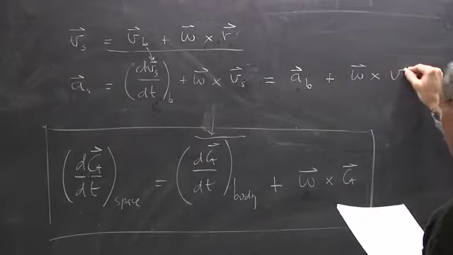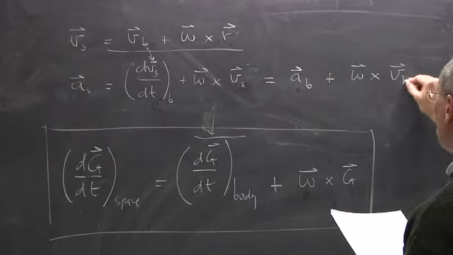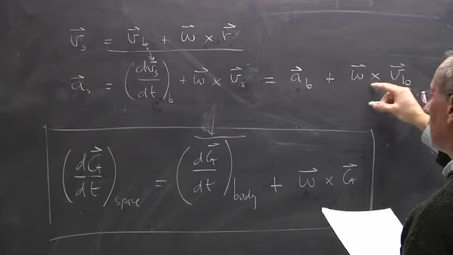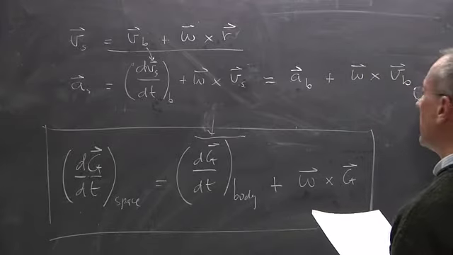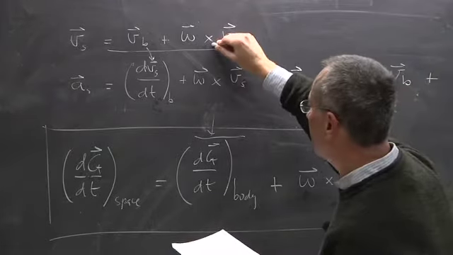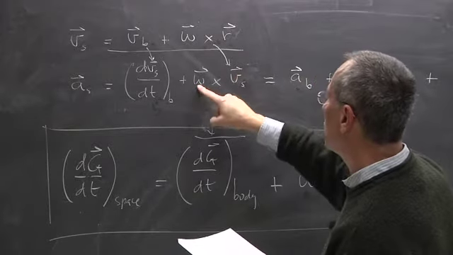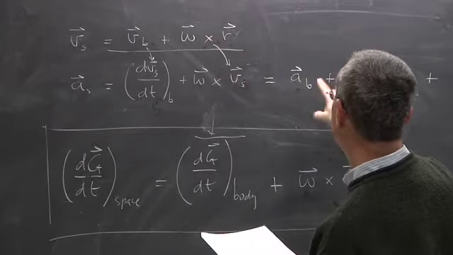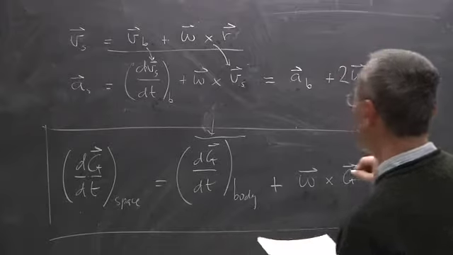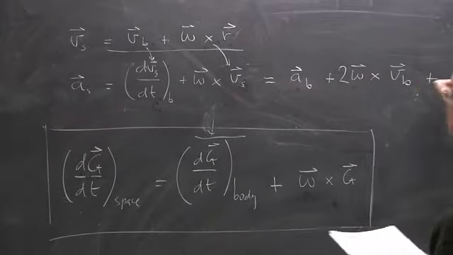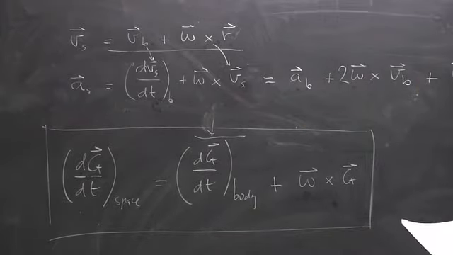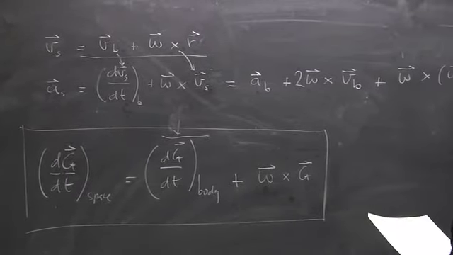So this is V body, okay, the first term. Then you see that I have to take this and put it here. So I have one term that is just the same as this. So actually I have two of these. And then I have this that is omega cross R.